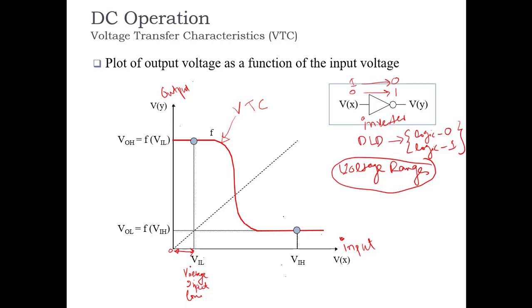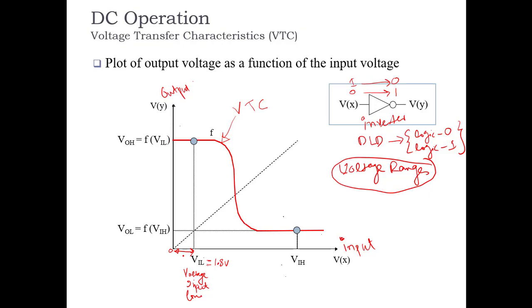So if I want to give a logic 0 input to my NOT gate, the voltage should be between 0 volts and VIL volts. Now VIL may be, for example, 1.8 volts. So if I give a voltage to my NOT gate that is between 0 volts and 1.8 volts, my NOT gate will understand that it's a logic 0.